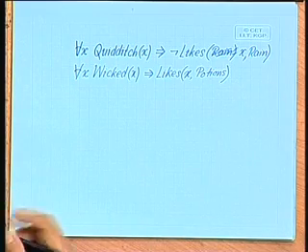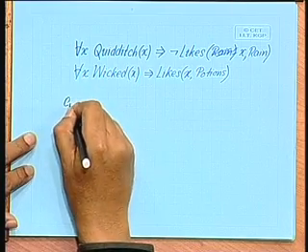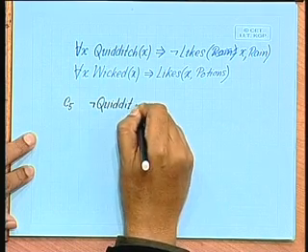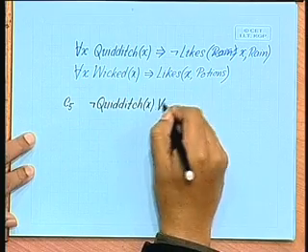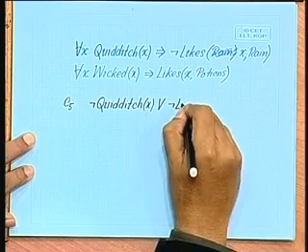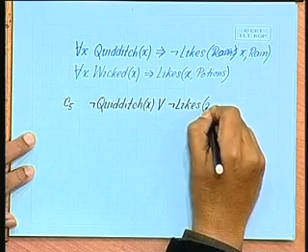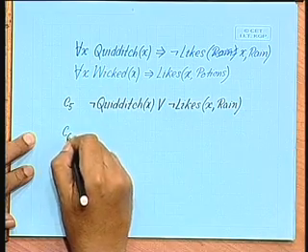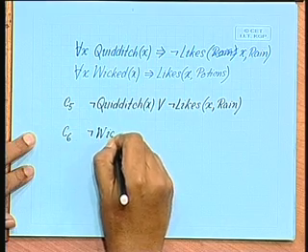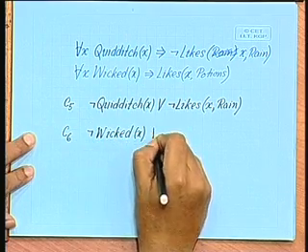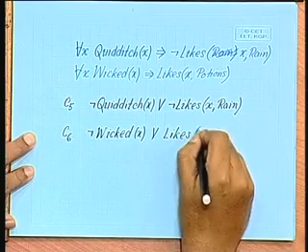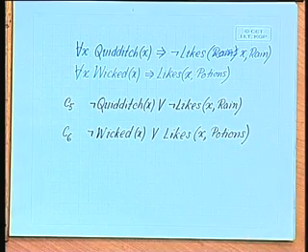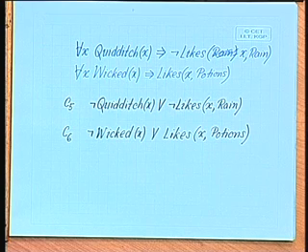So again, if we convert this to clause form, then we will have C5 which is not of Quidditch x or then not likes x rain, and then we have C6 which is not of wicked x or likes x potions.